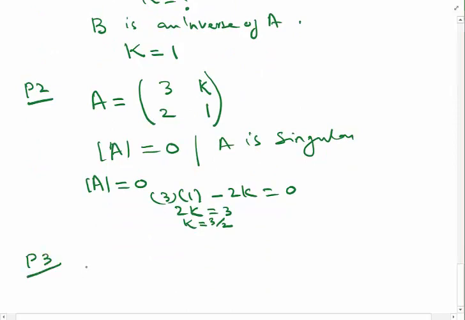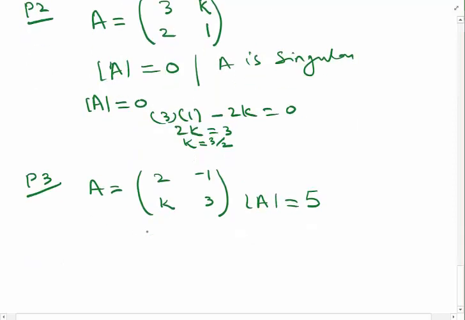Alright, let's do one more example. If we have matrix A with 2, minus 1, k, 3, and it is given that the determinant of the matrix is 5, based on this given data we need to find the value of k.